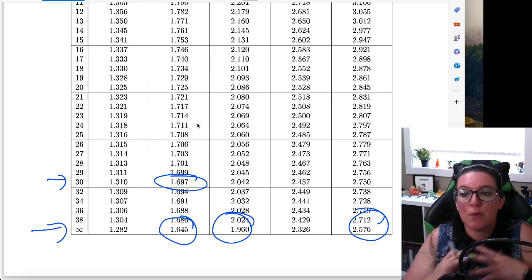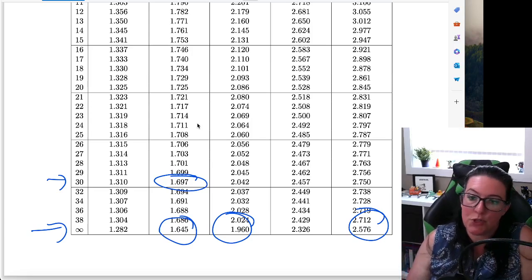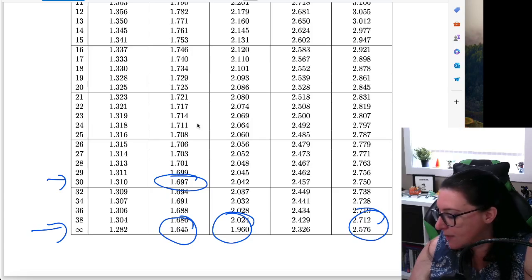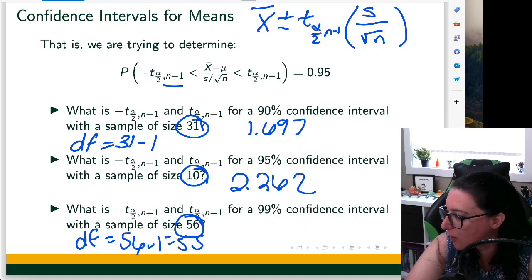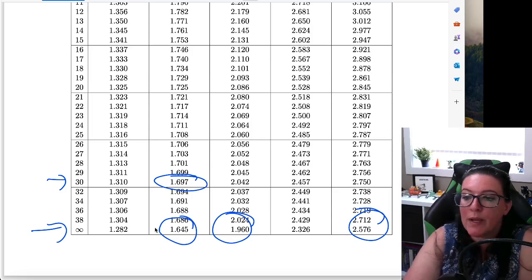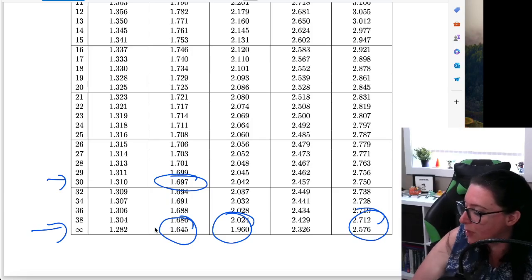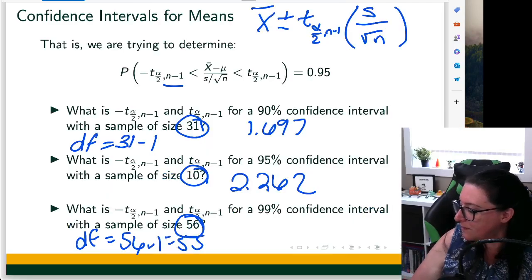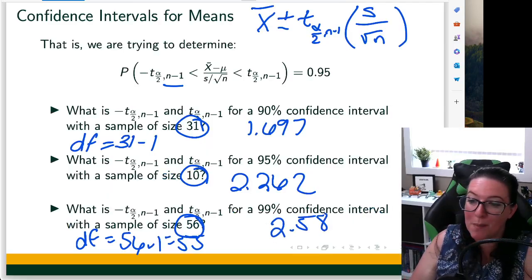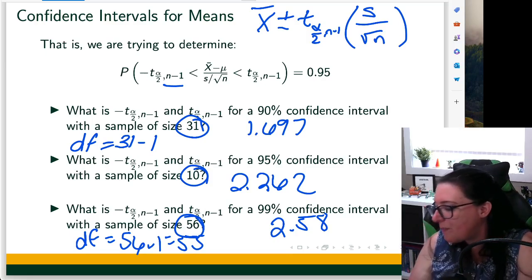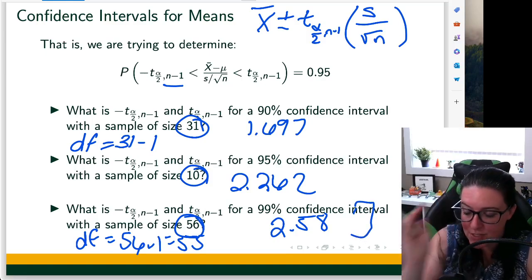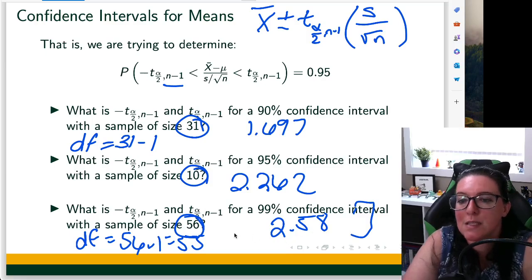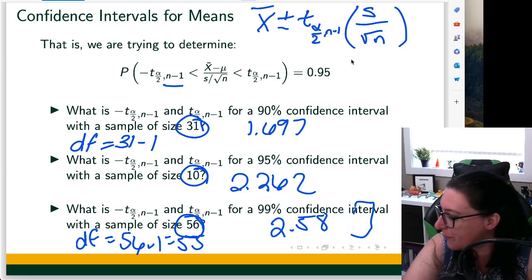But the t-distribution becomes that standard normal distribution the larger the sample size. And so in this case, because we don't actually have 55, we're up above the 30 here, we really are just using the standard normal. So we would do 99% and we'd be at 2.58. Or if you want to be precise, 2.576. So this number here matches what we would do if we knew the standard deviation for the population because the sample size is sufficiently large.